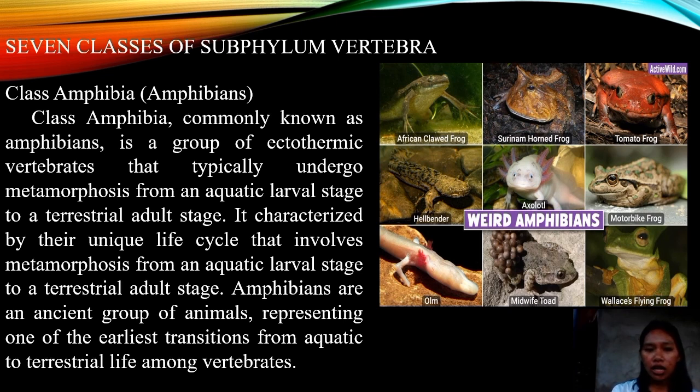They are ancient creatures, among the first vertebrates to transition from water to land. Amphibians typically require a moist environment for breathing and skin respiration due to their permeable skin. Despite their early evolutionary success, many amphibian species face threats like habitat destruction and disease.